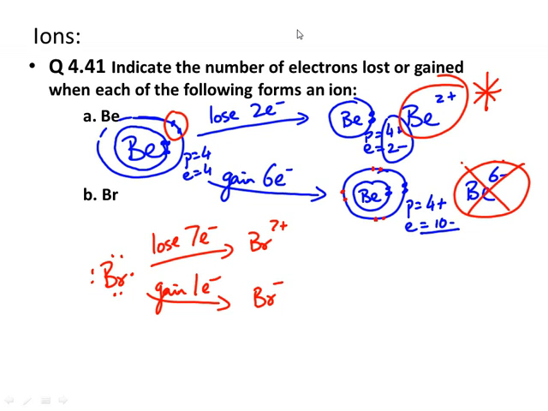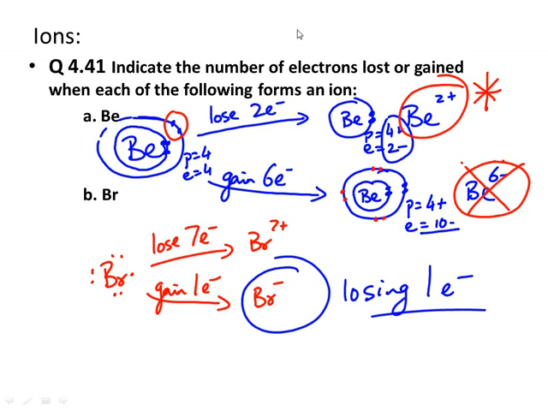Once again, same idea: fewer electrons, less work, less energy being used, and therefore the preferred pathway. So bromine makes that anion by gaining one electron. If you look at the periodic table, bromine is a halogen, a non-metal. It is in group 7A. In other words, it takes one more electron for it to have an octet, and therefore it gains one electron.